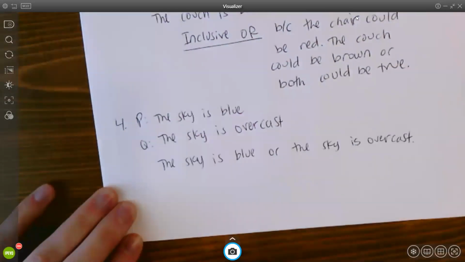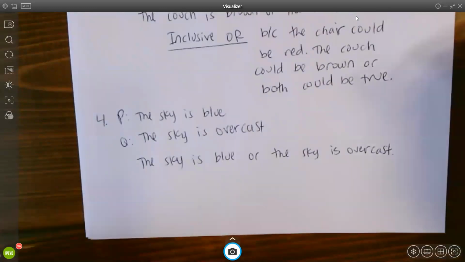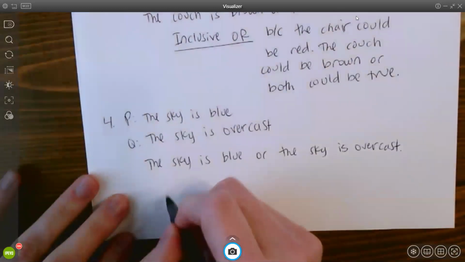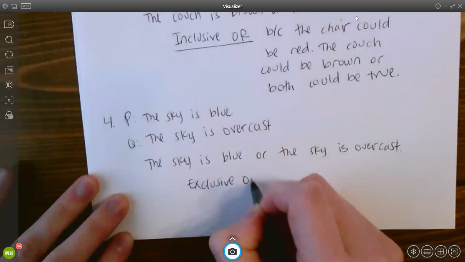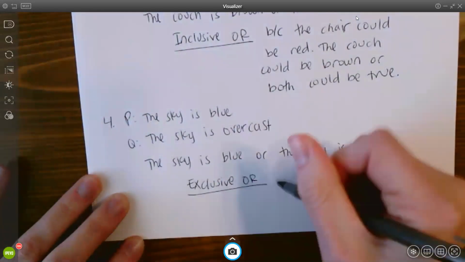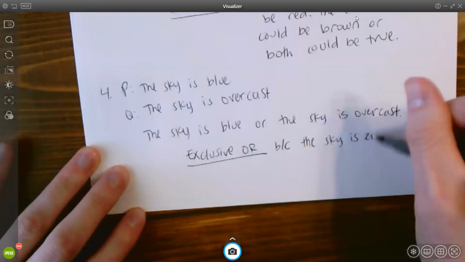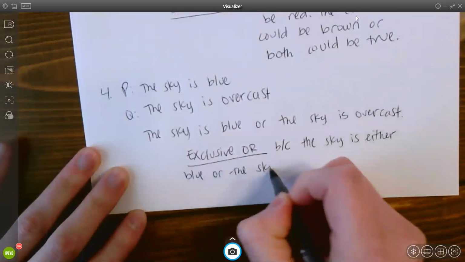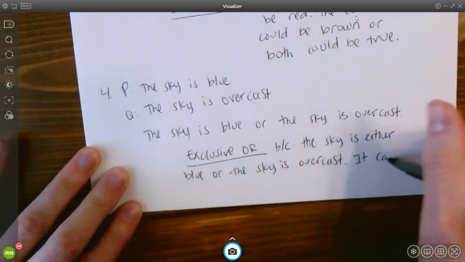With my basic meteorology knowledge, I would say both of these could not be true at the same time. The sky is either going to be blue or the sky is going to be overcast, not both. So this would be an example of the exclusive or. And my reason is because the sky is either blue or the sky is overcast. It can't be both.